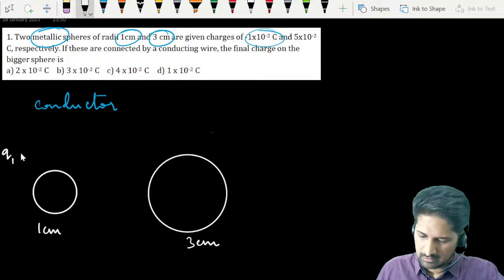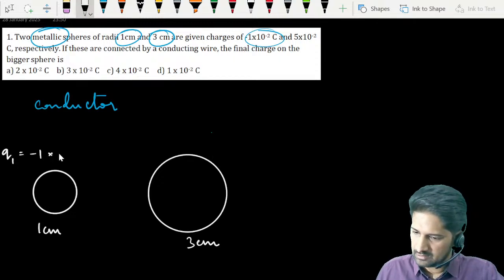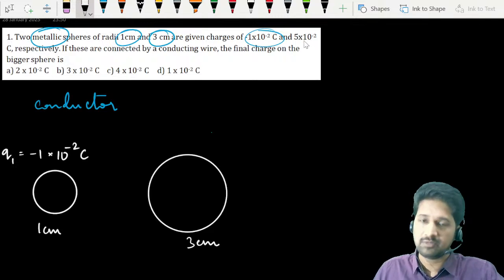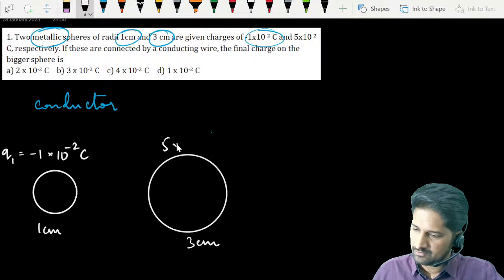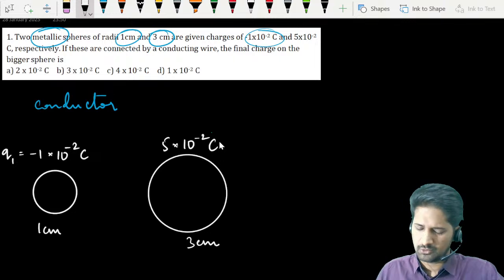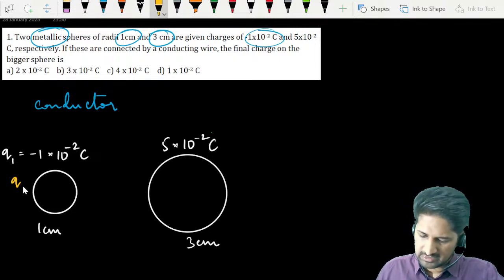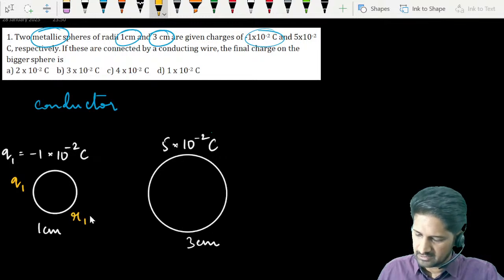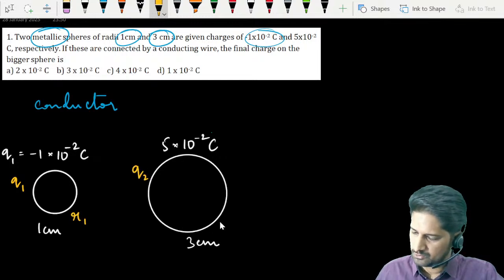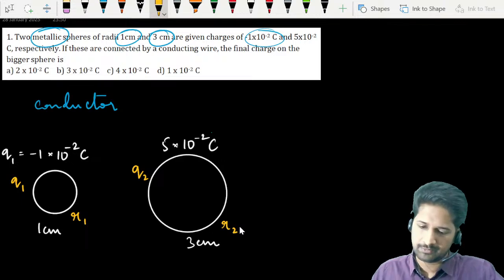Q1 is -1 into 10 power minus 2 coulombs, and the other has a positive charge, 5 into 10 power minus 2 coulombs. You can call them Q1, Q2 and take the radii as R1, R2. So the charge on this sphere is Q1, its radius is R1, and the charge on the other sphere is Q2, its radius is R2.